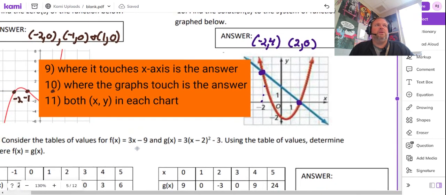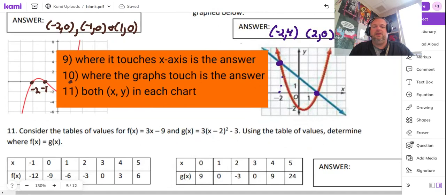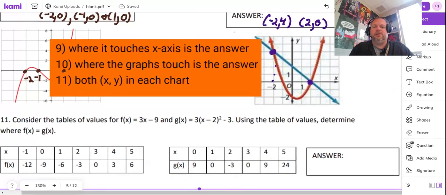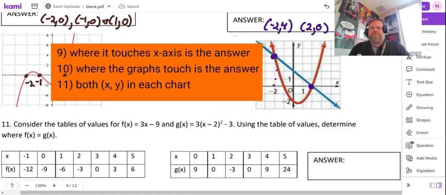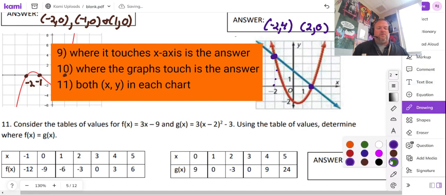Are we good with that? I'll try to scroll it up so you can still see. And number 11 is where we're trying to find the matching X and Y in each column.